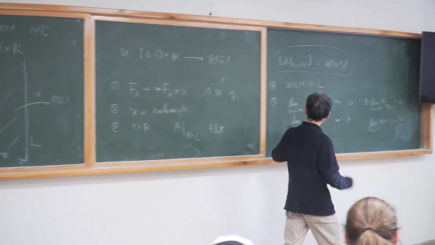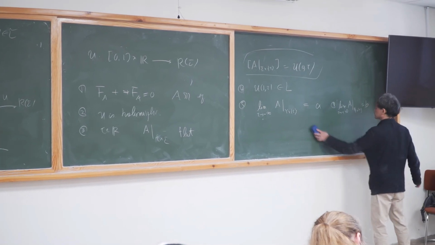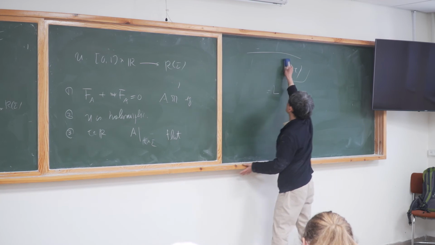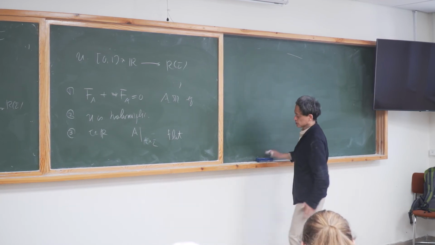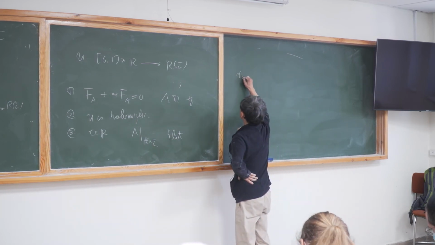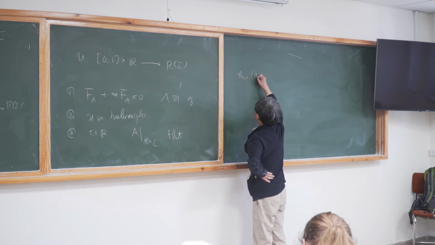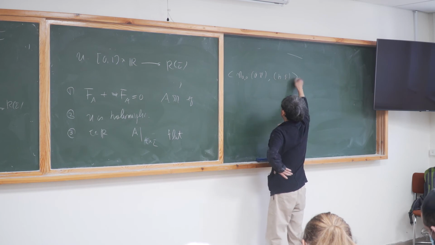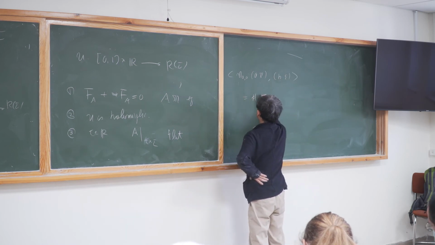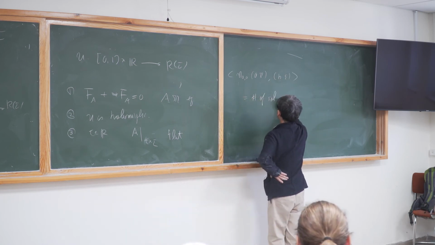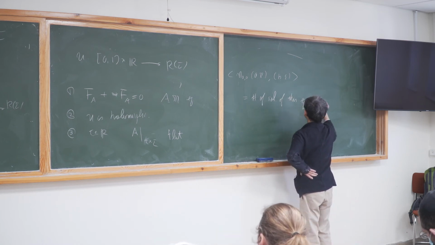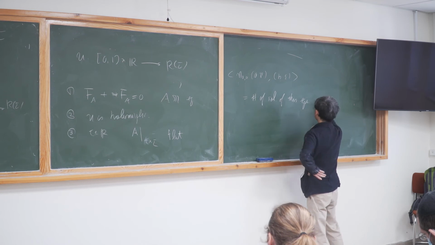Now we also have this dimension formula. So the definition: I want to define this N00 of P, B, Q, and this is the number of solutions of this equation with these boundary conditions, counted with sign.